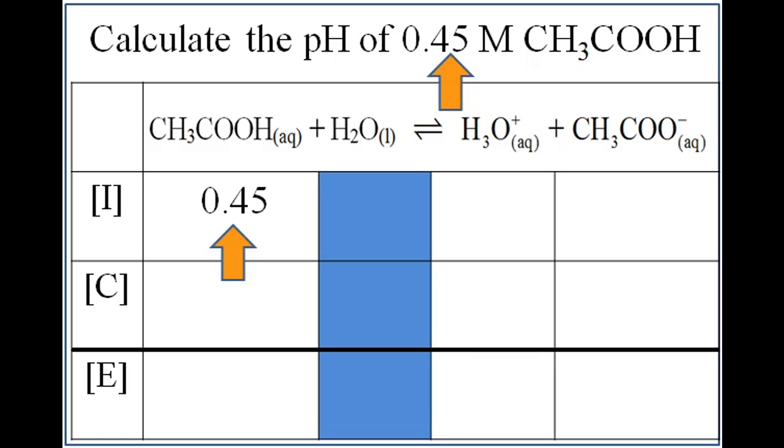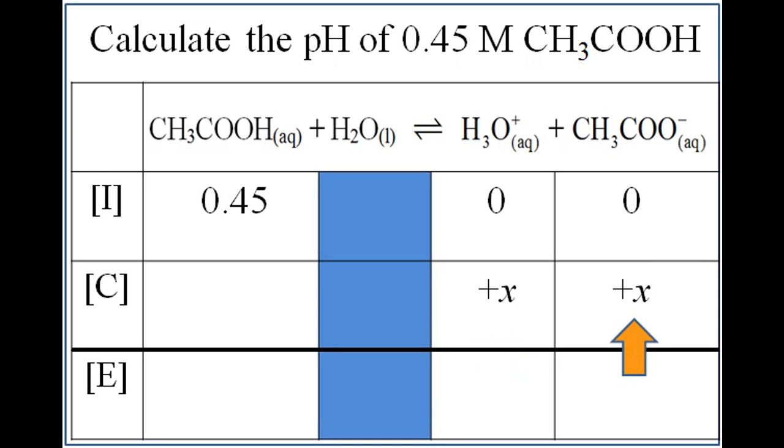The initial concentration of the acid is 0.45 molar, so we write that in the I, or initial concentration box, under the acid. Before the ionization takes place, the concentrations of hydronium and acetate ions are both 0. We let X equal the increase in the concentration of hydronium as the system approaches equilibrium.